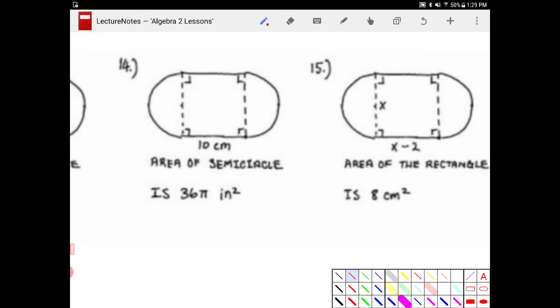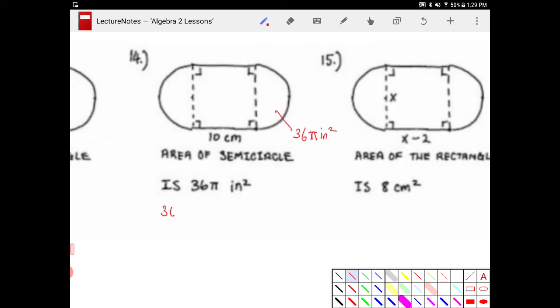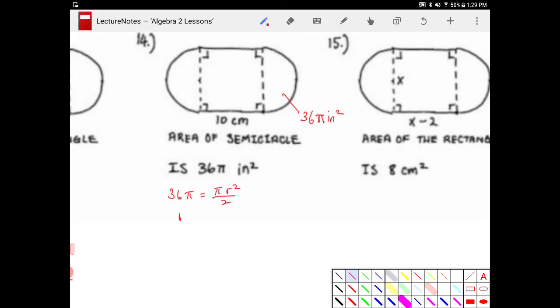The area of the semicircle is 36 pi inches squared. So that means 36 pi is equal to pi r squared over 2. Right? So r squared over 2 is equal to 36. That means r squared is equal to 72.